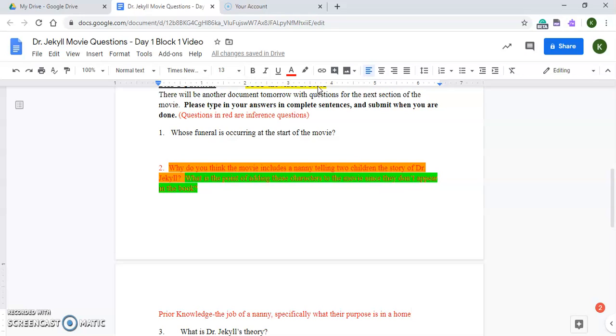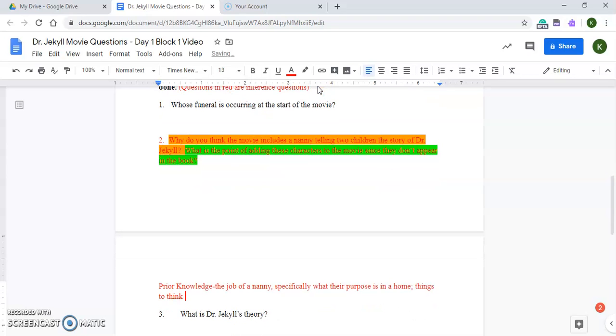So why would a nanny be telling this? I also have to think about the type of story this is. If you're a little kid watching it, it's kind of a scary story, right? It can be pretty scary to little kids.